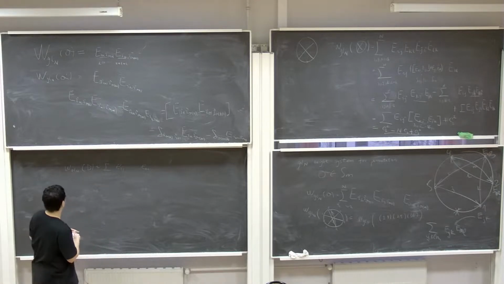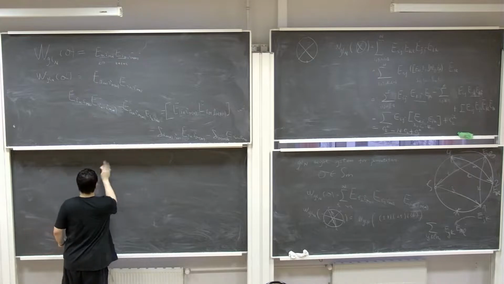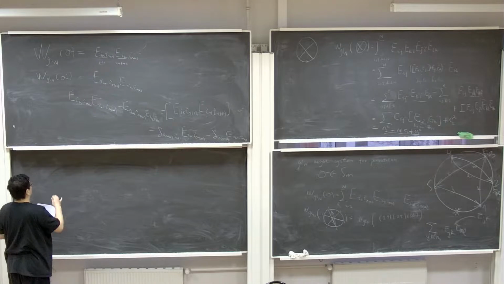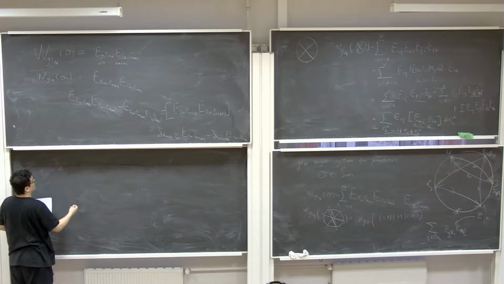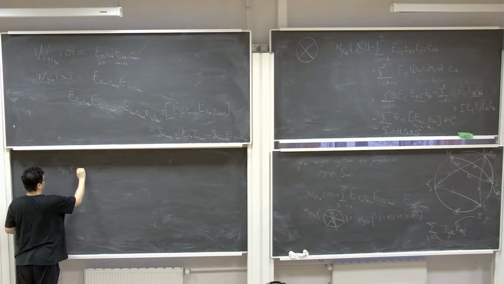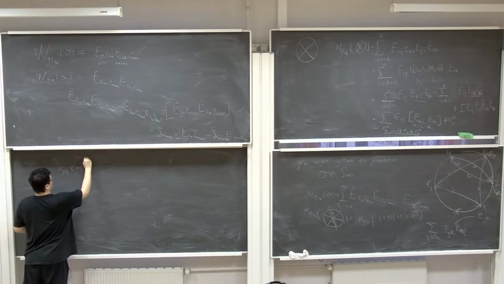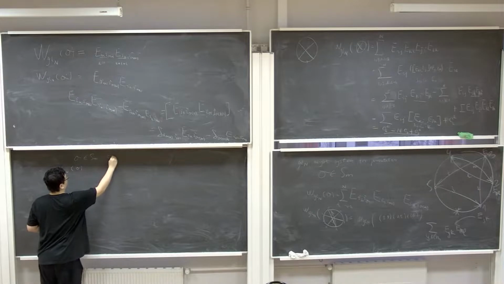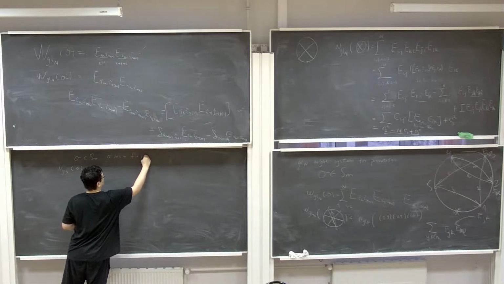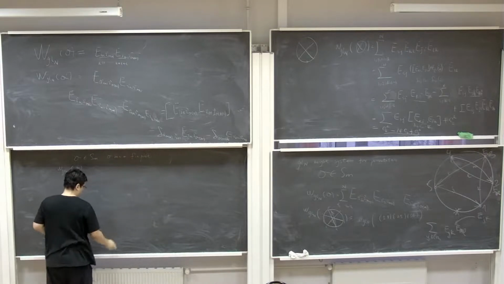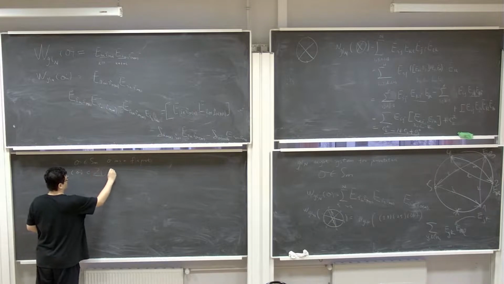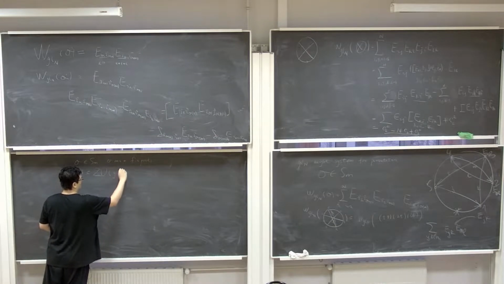So W_GLN of this sigma, where sigma belongs to S_m and sigma has no fixed points, belongs to the center of the universal enveloping algebra.